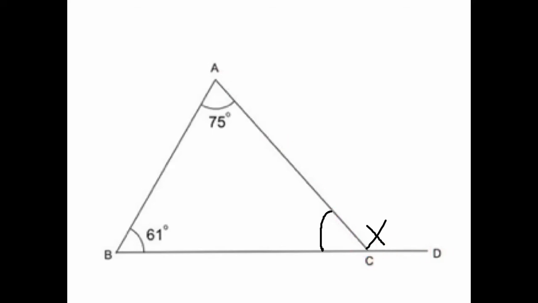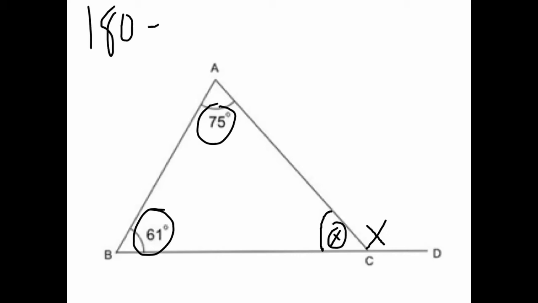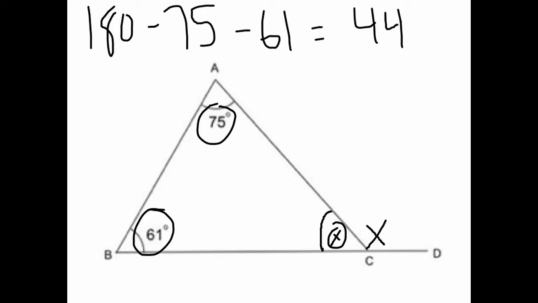So all I have to do here is remember my rules of interior angles. This value, and then this value have to add up to 180. So I'm just going to do 180 minus 75 minus 61. If I do that, that's going to come out to 44 degrees. So the value of angle ACB is 44 degrees.